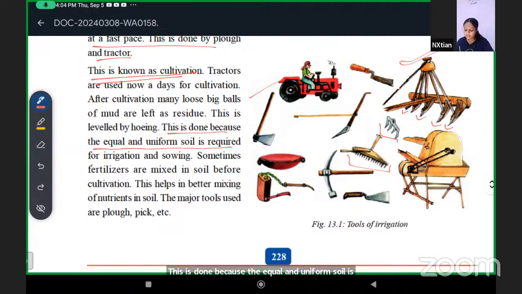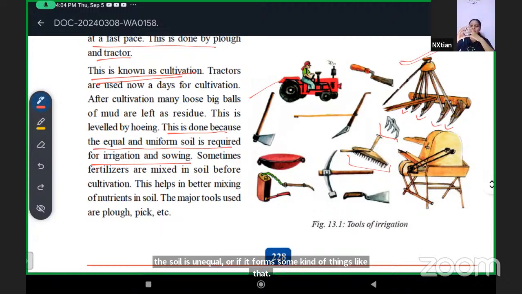If the soil is unequal or forms uneven balls, then it is leveled by a process known as hoeing, the leveling of the soil. Level soil is necessary for the uniform growth of the plants, so leveling is done.